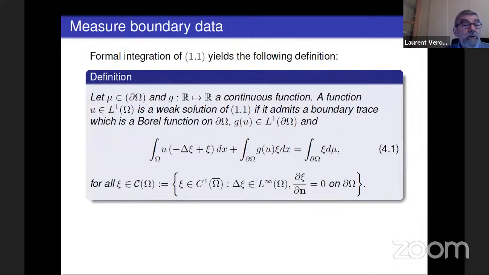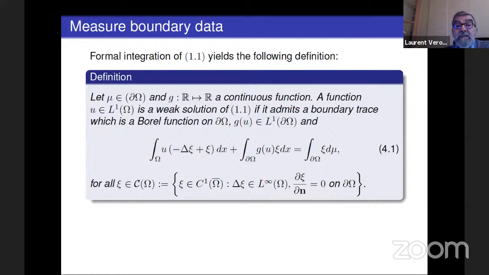Now I would like to discuss a problem with measure. If I make a formal integration of the equation minus Laplacian of u plus u equals 0 in omega, with du/dn plus g of u equal to the measure mu on the boundary, then I obtain this weak formulation, provided the test function belongs to C1 of omega bar, its Laplacian is in L infinity, and the normal derivative of the test function vanishes on the boundary.